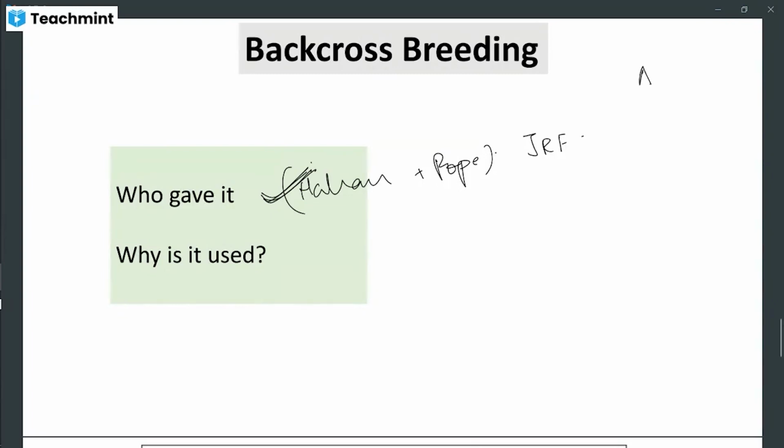So what exactly is backcross breeding? You have parent A, and you cross it with parent B, and you get an F1. Let us assume that A is homozygous recessive and B is homozygous dominant. If you cross the F1 with A, what do you call this?